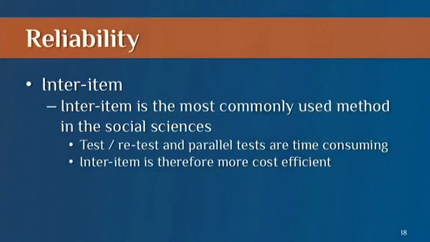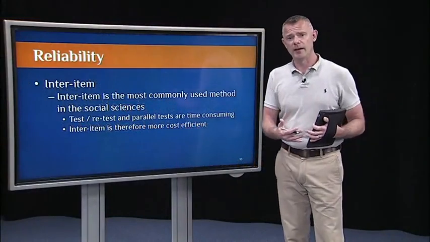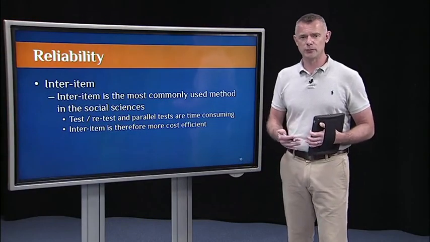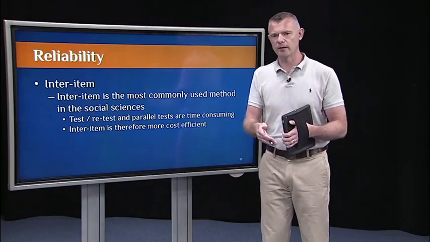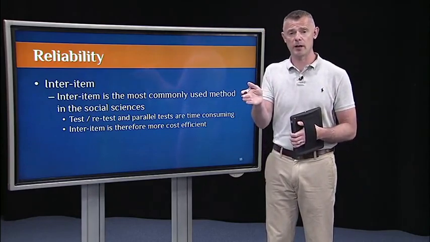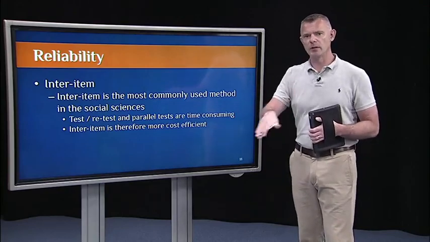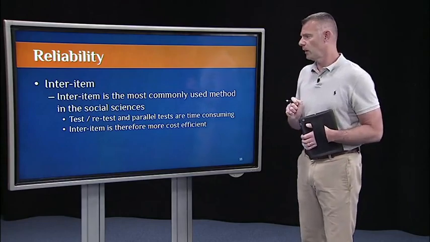When we conduct research in the social sciences, we're often doing research on human subjects, and that takes a lot of people's time and often money. So it's hard to get them to take one assessment and then come back a couple weeks later and just do it again so that we can get a reliability estimate. Instead, we try to build in a reliability estimate in one measurement, at one time point.